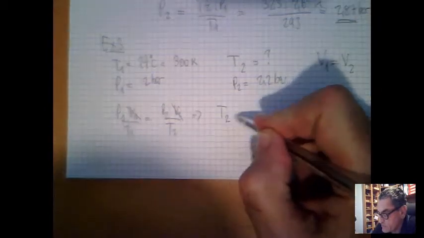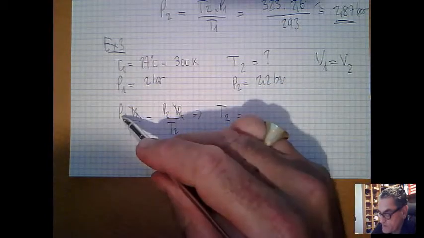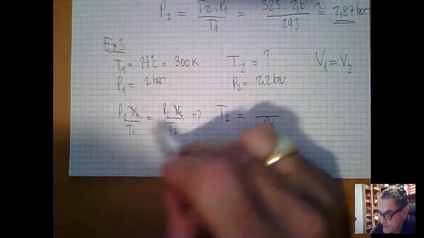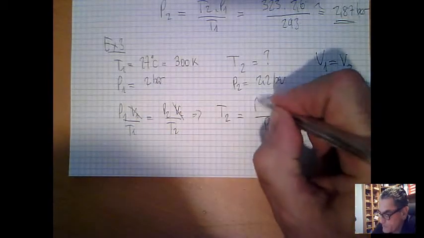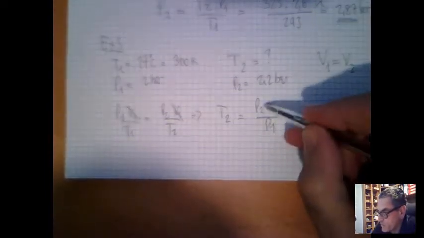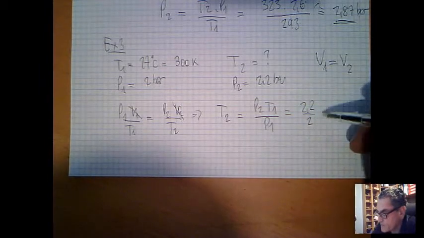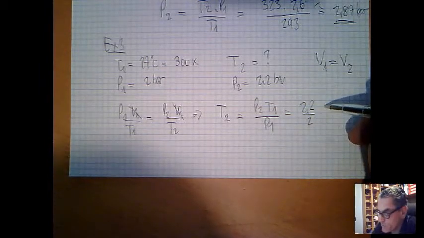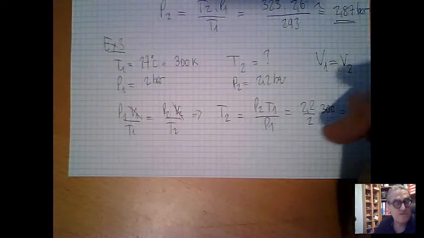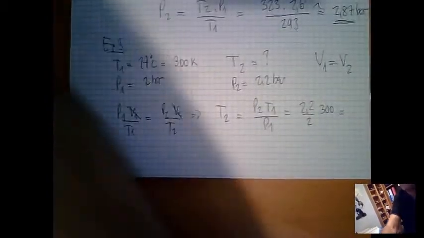And now you have T2, which is equal to what? T2 times P1, so it's going to be divided by P1, is equal to P2 T1. P2 T1, okay? And what do we see? P2 is 2.2, P1 is 2, and T1 was 300. So that gives us how much? Let me compute that.